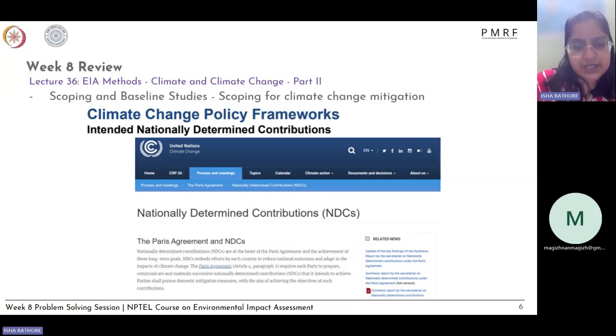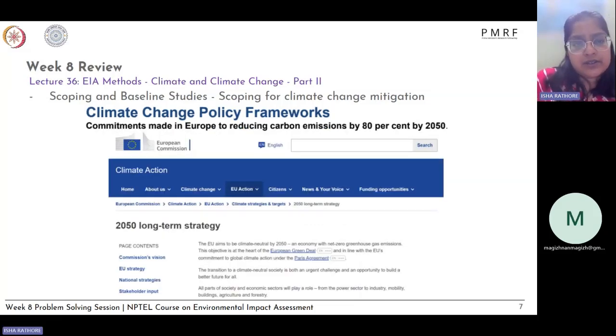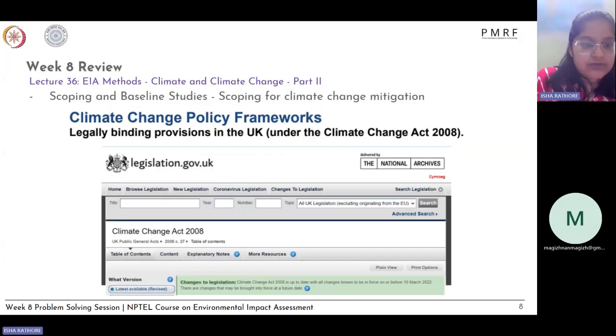So based on the country, the NDCs can be different. For example, the European Union has made commitments to reduce carbon emissions by 80% by 2050. That is their NDC. Then the UK has a different NDC, again based on what the UK government thought was the correct NDC.